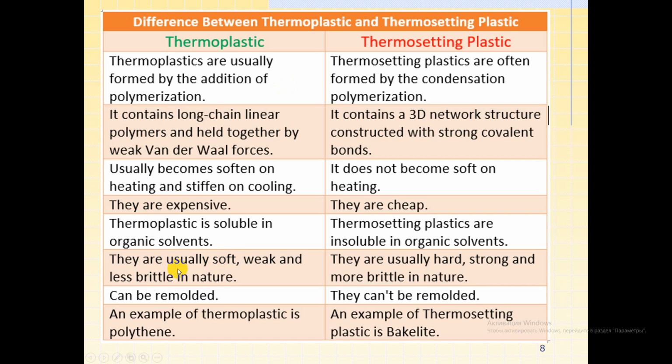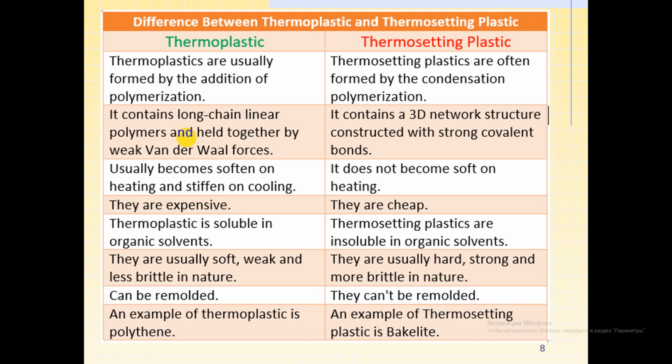And here you can see a difference between thermoplastics and thermosetting plastics. Thermoplastics are usually formed by addition polymerization. It contains long-chain linear polymers held together by weak van der Waals forces. Usually becomes soft on heating and stiffens on cooling.